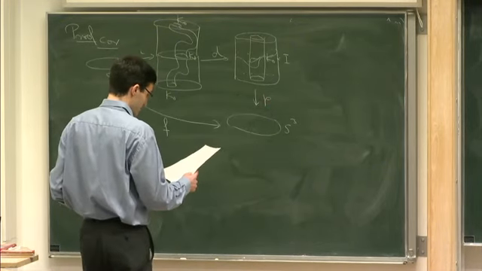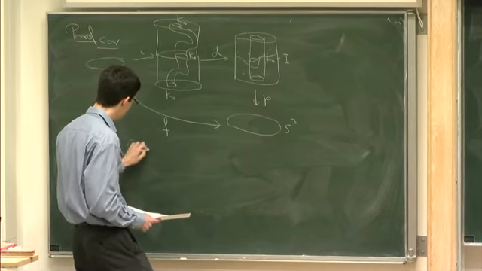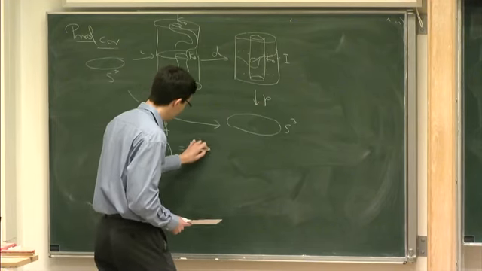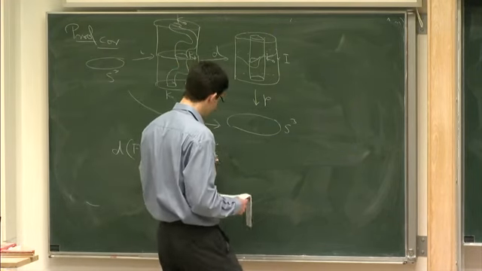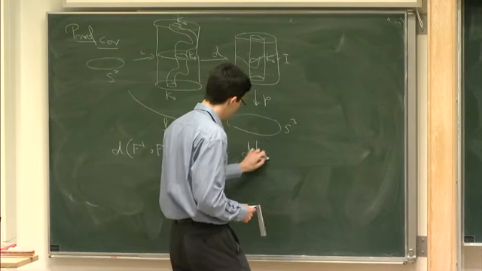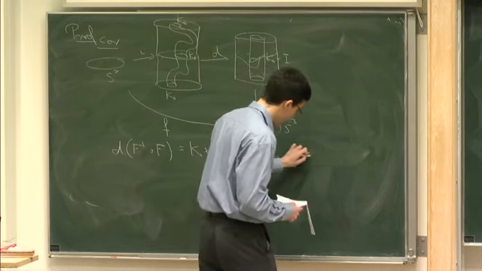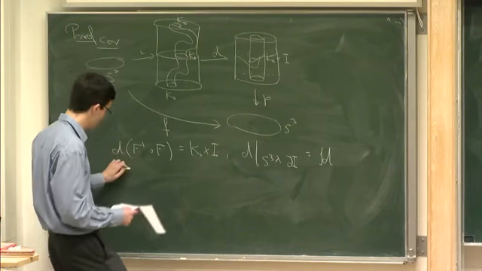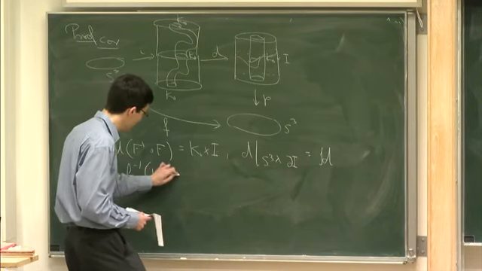So D is the map that maps F prime cross F to K0 cross I, and it is the identity on S3 cross DI. It also satisfies the property that F inverse of K0 is K1.